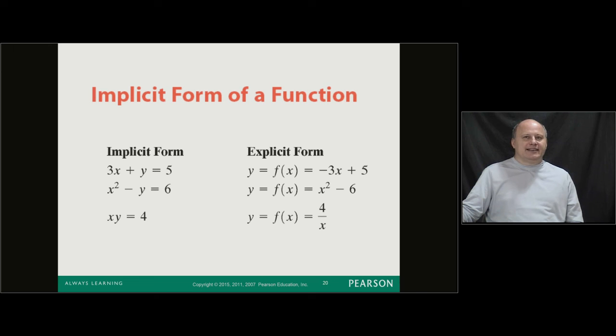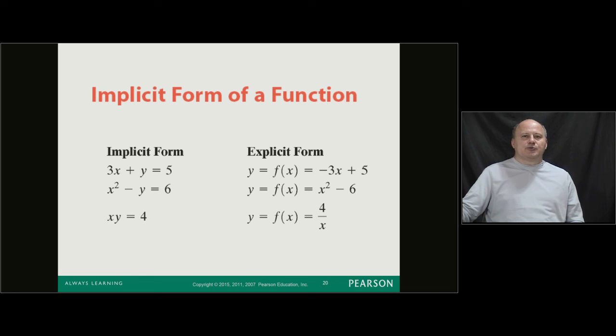So if you put in, let's say, 2 into that, it's going to be negative 3 times 2, which is negative 6, plus 5, which is negative 1. But with the implicit form, you have to say 3 times 2 and then manually move that number to the right side. So that's the problem with this, and that's why explicit form is usually more what you would want.